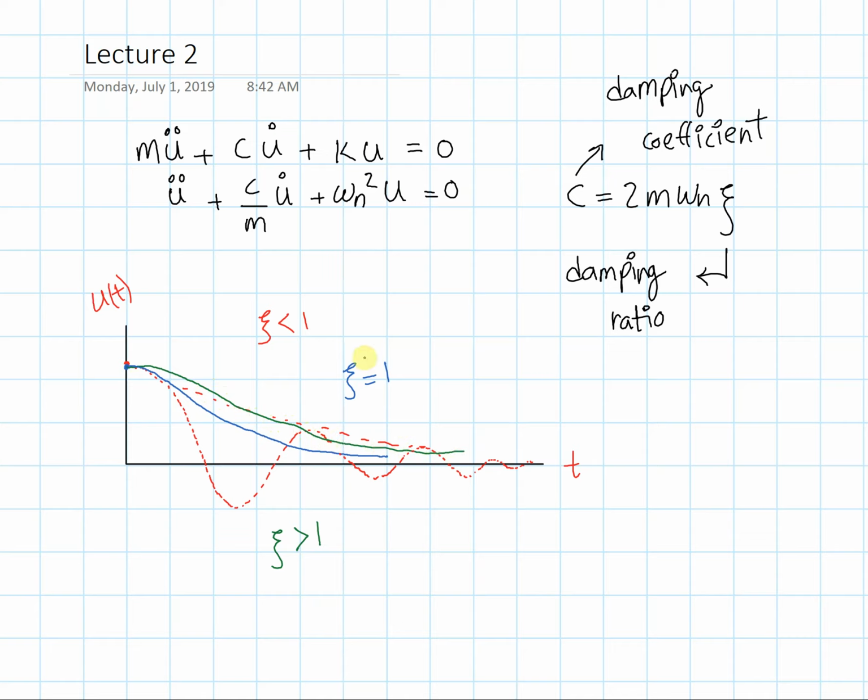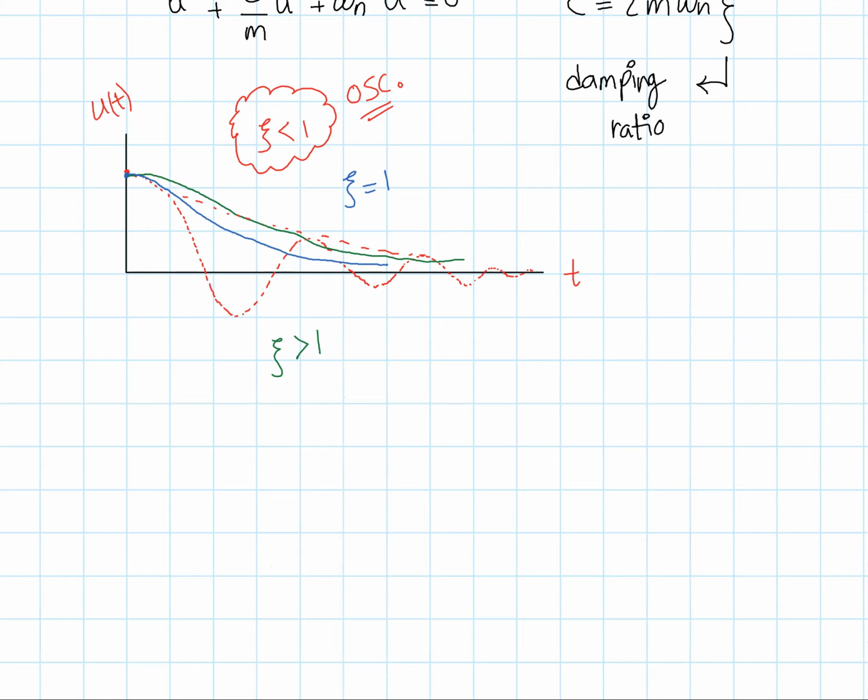So what's really important here is to remember that anytime we have an underdamped situation like we see in here, we're going to end up with oscillations. Okay, so what is the response for an underdamped system? So we're interested in the underdamped response.